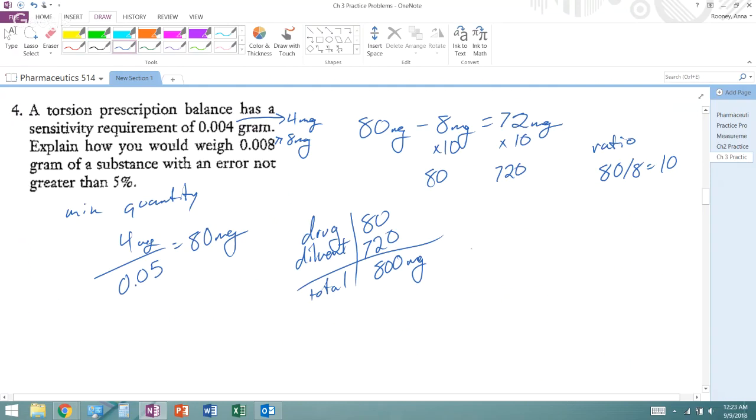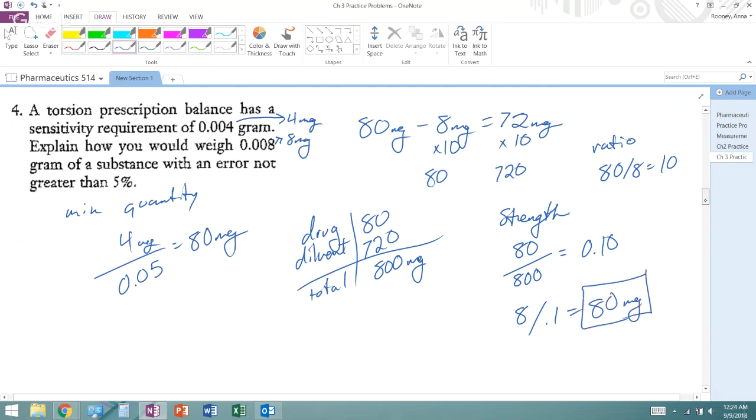And then you find your strength, and that is 80 divided by 800, which is a nice 10%. So you take how much you're trying to find, then divide by your strength. So that's 80 milligrams right there.